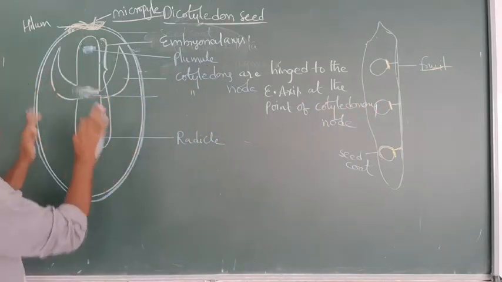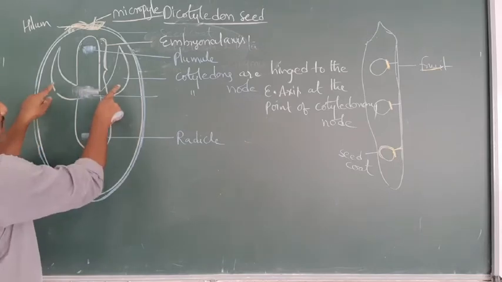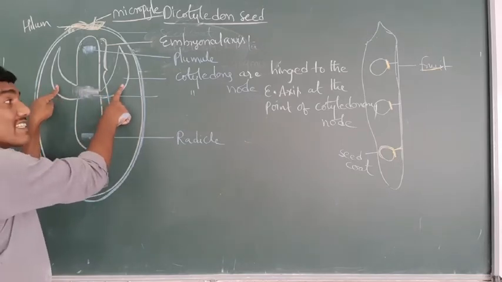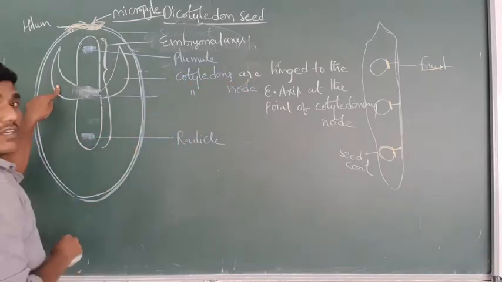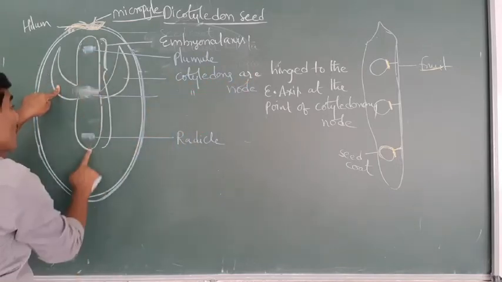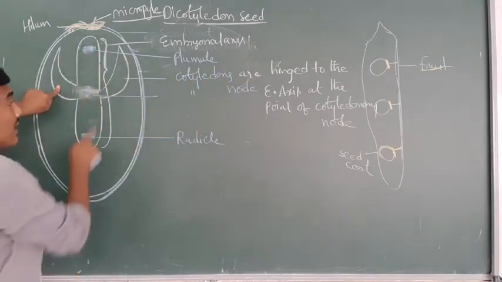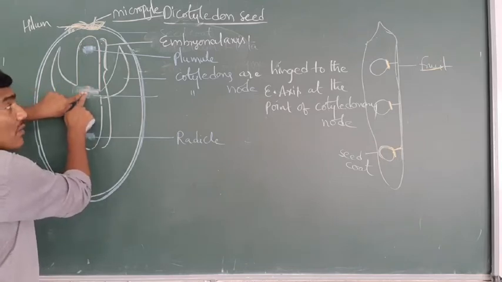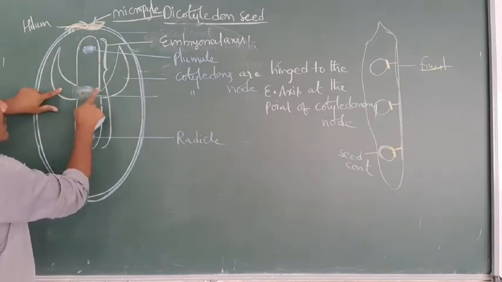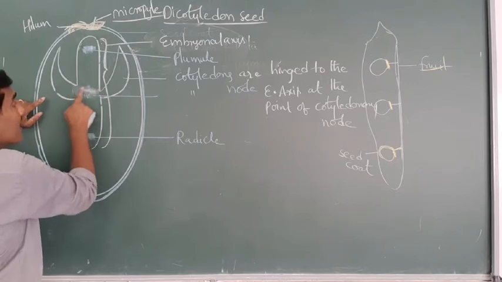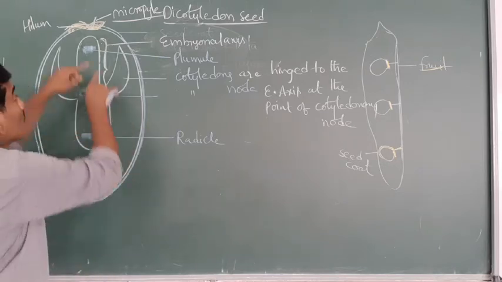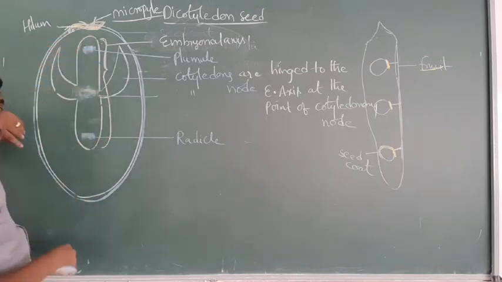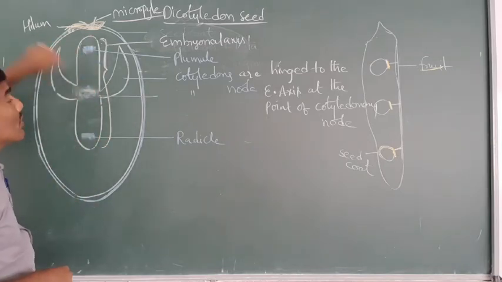If you clearly observe the diagram, these are cotyledons, hinged to the embryonal axis at the cotyledonary node. This is nothing but a cotyledonary node.